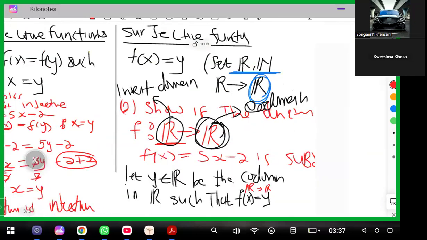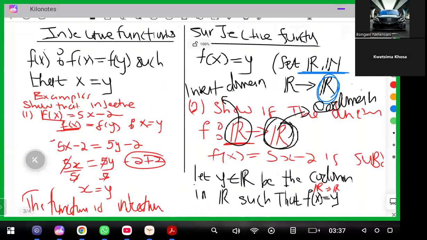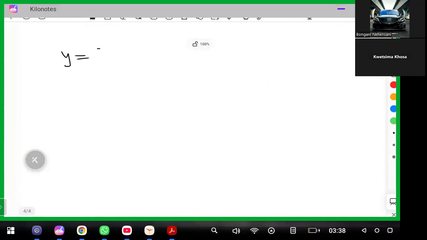If that condition fails, that means our function is not surjective. So we're going to have y equal to 5x minus 2.